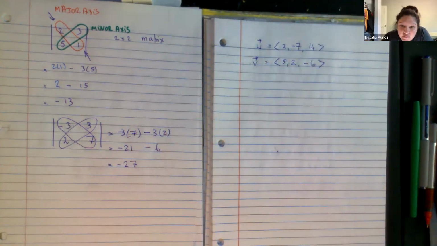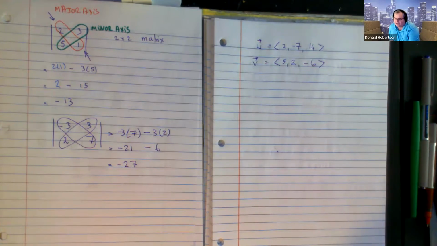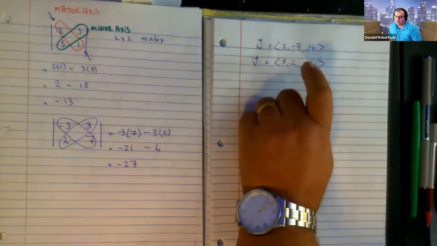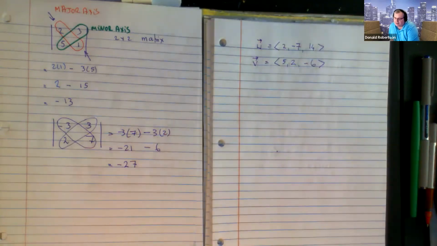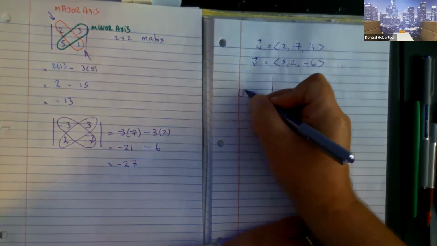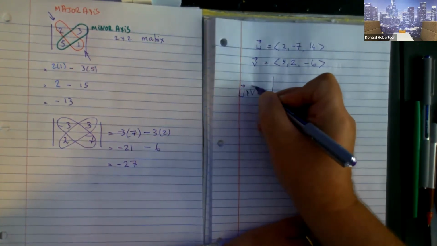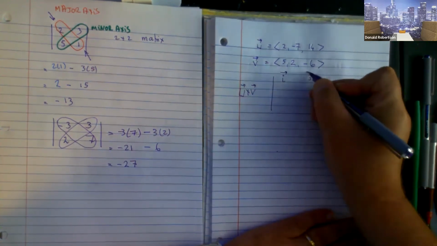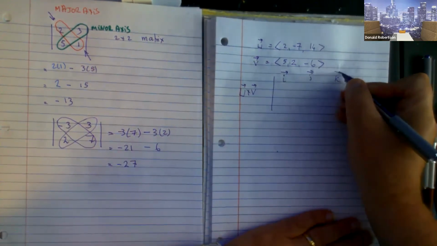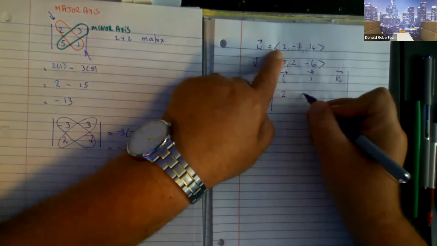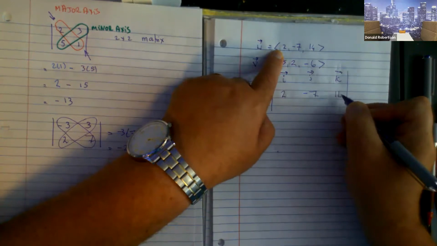Right. So if we do the cross product of this, what we will get is a vector that's 90 degrees to this vector and 90 degrees to that vector. So we'll set up the 3 by 3, the 3-dimensional vector. It's going to be I, J, and K. Since U goes first, 2, -7, 14.